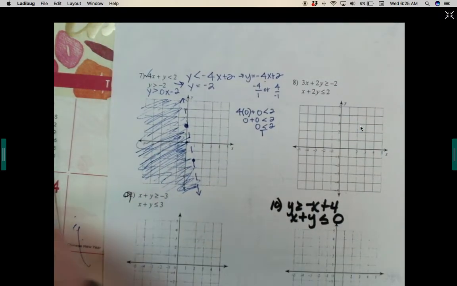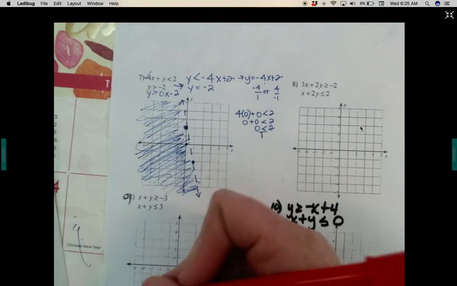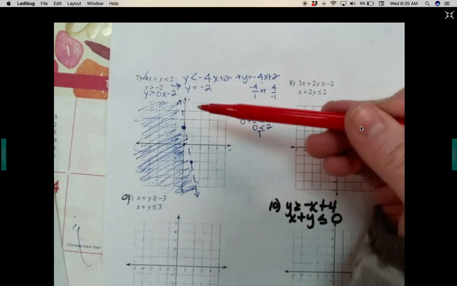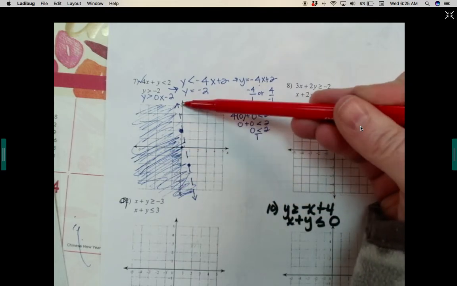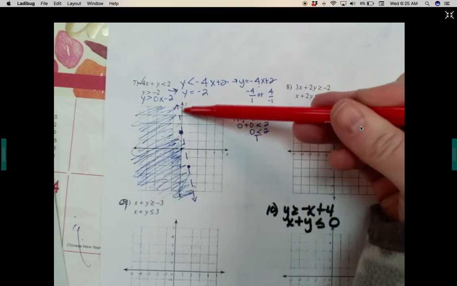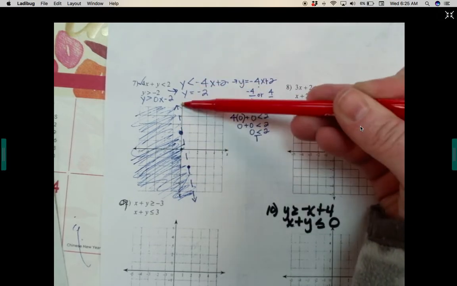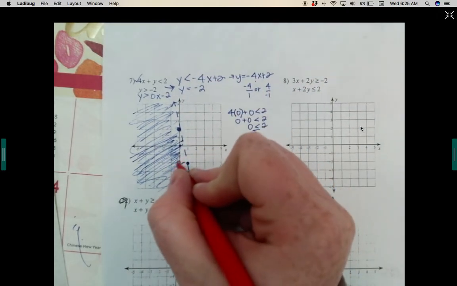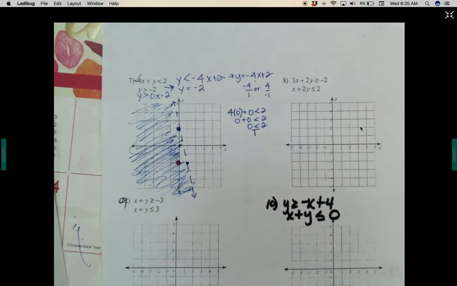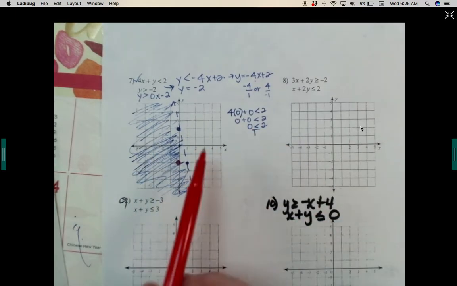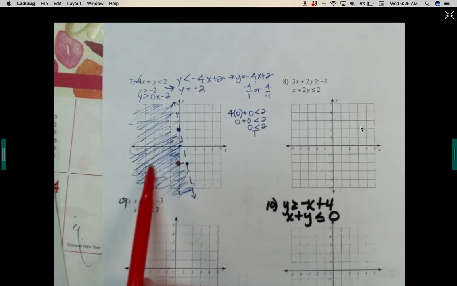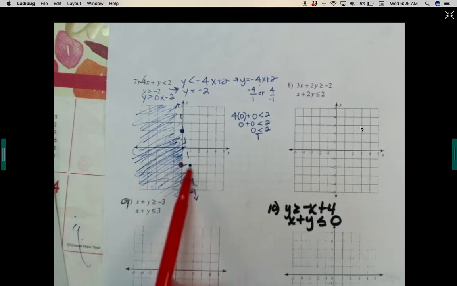Next is y is greater than negative 2. I'm going to graph it as y equals negative 2. So that means I'm on the y. This y equals and x equals for some reason throw people off. So when it says y equals, I'm looking at the y-axis, and I'm going to go to negative 2, which is right here. And that means that anything that I plug in is going to be on the y is negative 2, so it's a horizontal line.